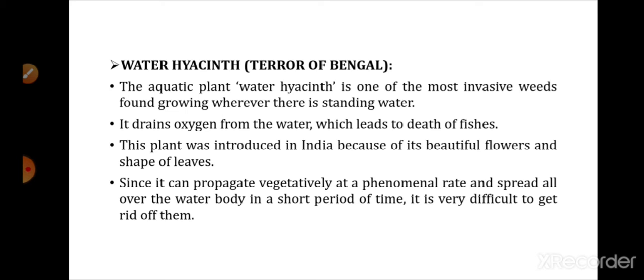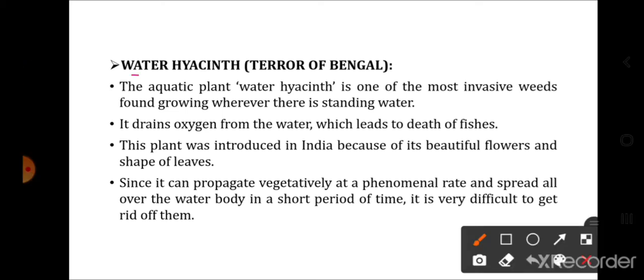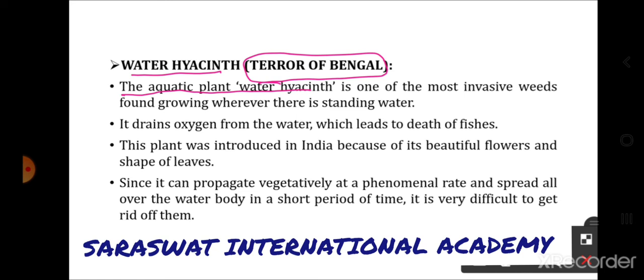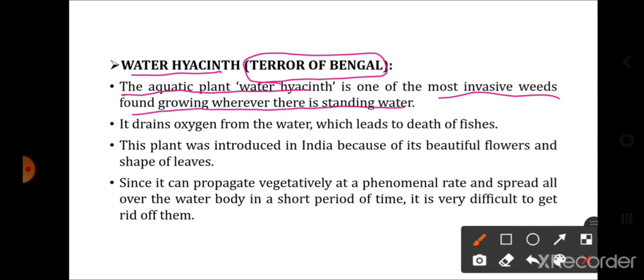Now let us study some information regarding the water hyacinth, which was commonly called the terror of Bengal. The aquatic plant water hyacinth is one of the most invasive weeds found growing wherever there is standing water. In standing water, you will normally find a weed called water hyacinth.